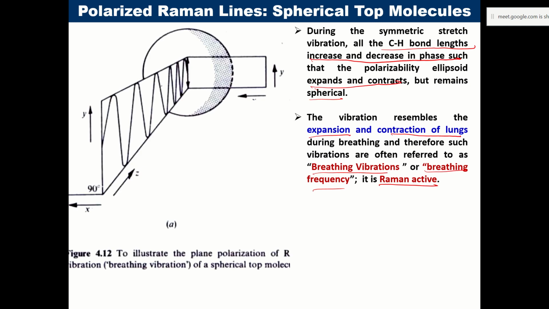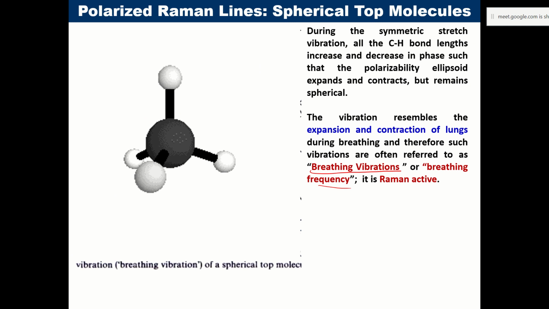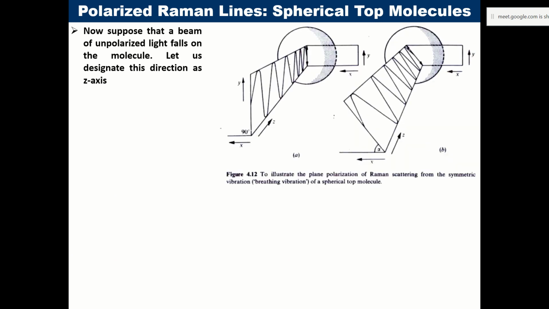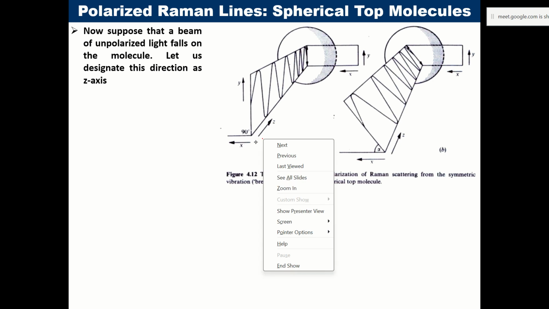Okay, so what is happening here? So this is the zy plane. अभी हमने कहा कि this is the zy plane in which we have the oscillating electric field vector. The direction of propagation is along the z axis.